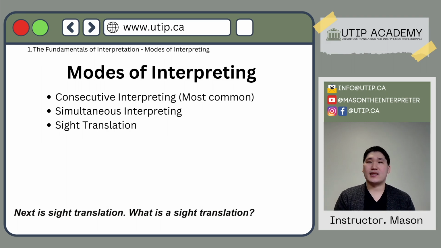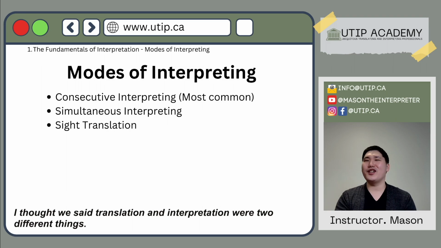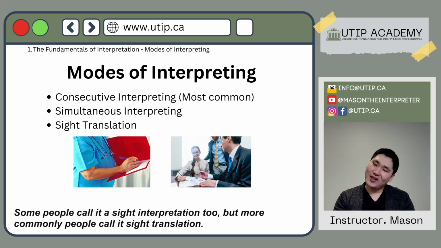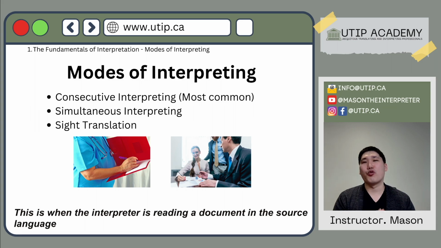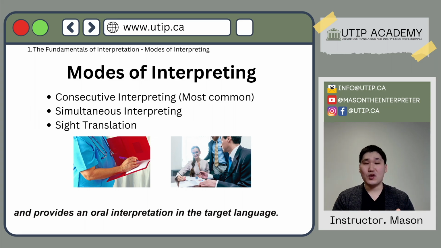Next is side translation. What is a side translation? I thought we said translation and interpretation were two different things. Some people call it a side interpretation too, but more commonly people call it side translation. This is when the interpreter is reading a document in the source language and provides an oral interpretation in the target language.